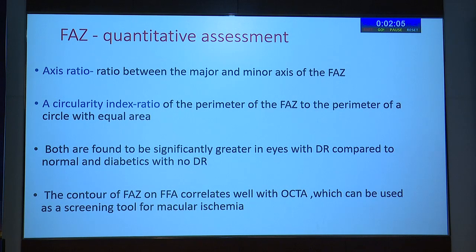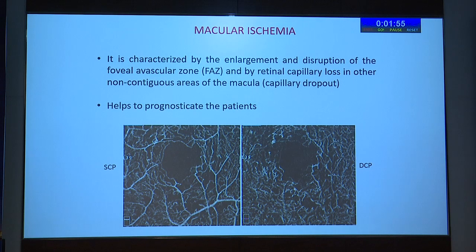As far as the FAZ is concerned, you can again do a quantitative assessment on doing an OCTA. And this is not all very easy, but yes, a quantitative assessment is possible, and you can have some idea. I actually use OCTA very often now in pre-op situations where I want to plan my patient for a diabetic vitrectomy, to know what is going to be the visual prognosis.